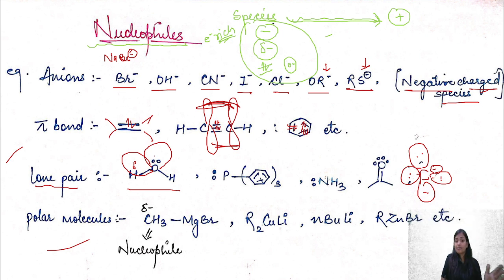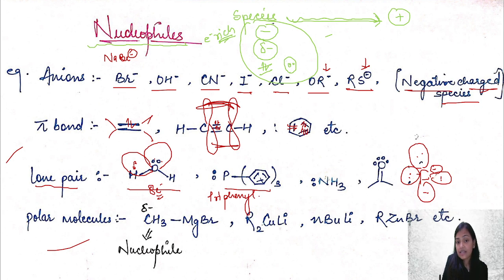Here, these are the species whose octet is complete. They are 8-electron species, and they have a free pair of electrons that can easily participate in bonding, so they are said to be good nucleophiles. In triphenyl phosphine, we call it triphenyl because of the phenyl rings.